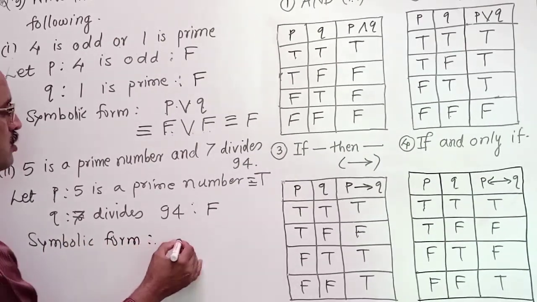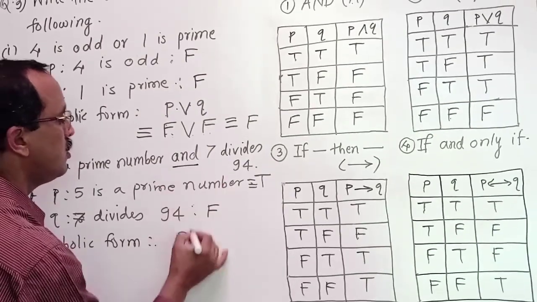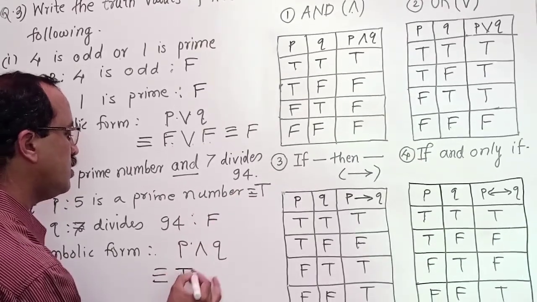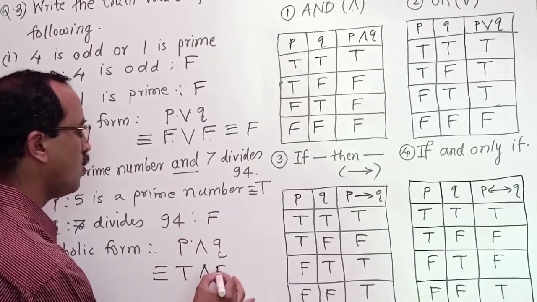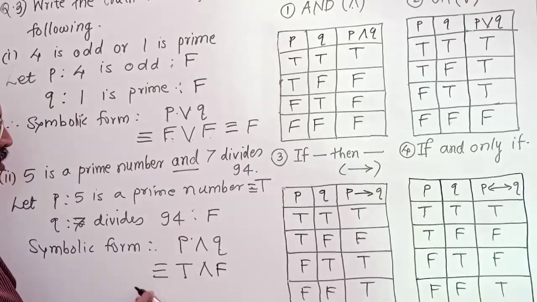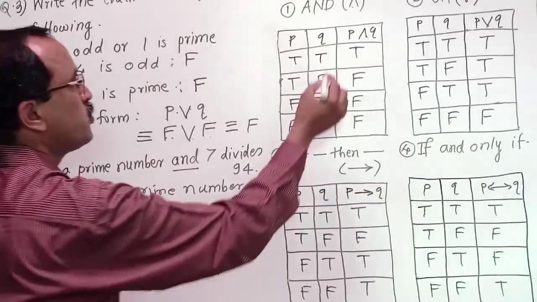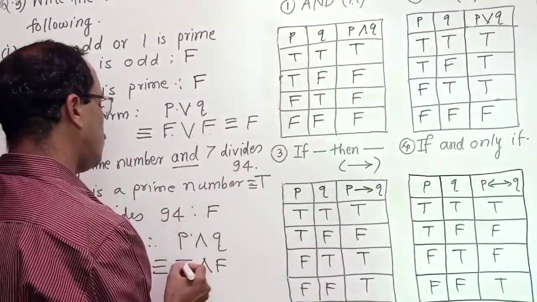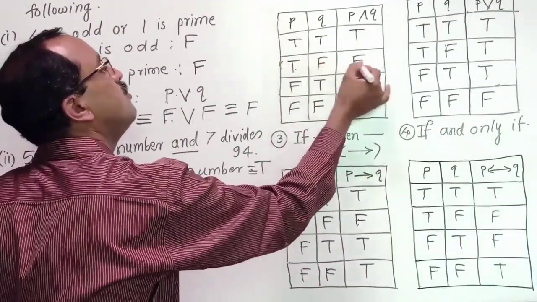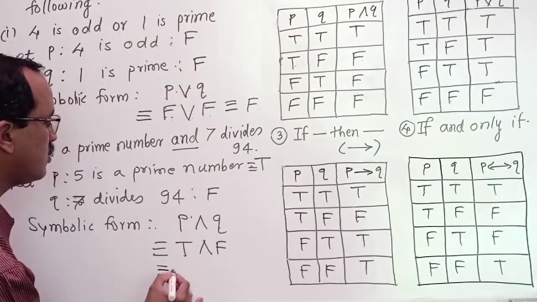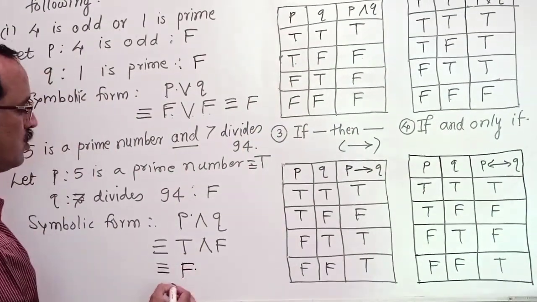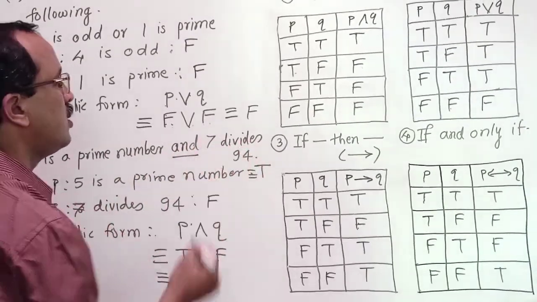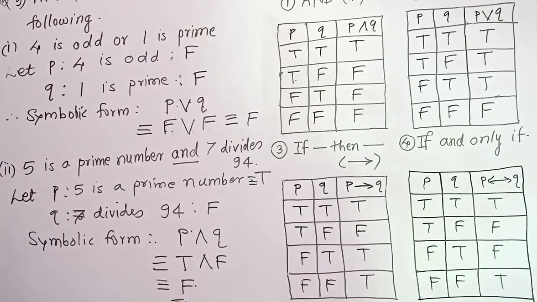Its symbolic form is P and Q, which is equivalent to value of P is true, T, and value of Q is false, T and F. We use the truth table for the AND statement, and so here the first statement is true, the second statement is false, T and F, we get F. So the resultant answer is F. So the statement 5 is a prime number and 7 divides 94 has truth value F.